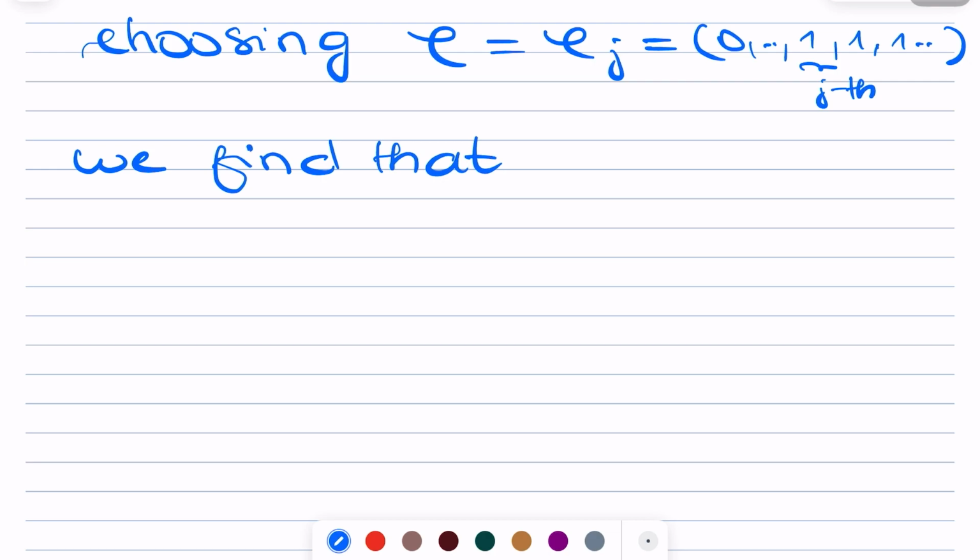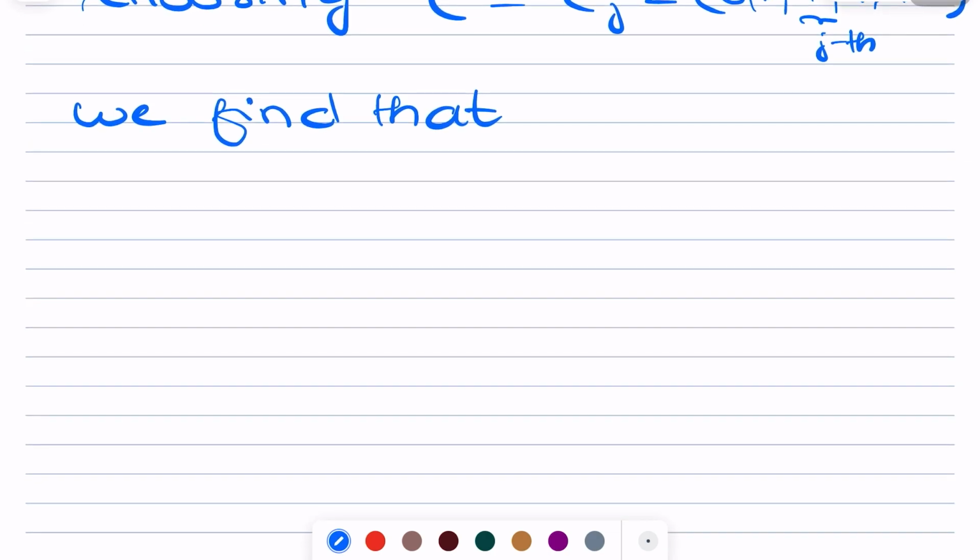So we find that this scalar product phi j x is equal to 1 for every j.